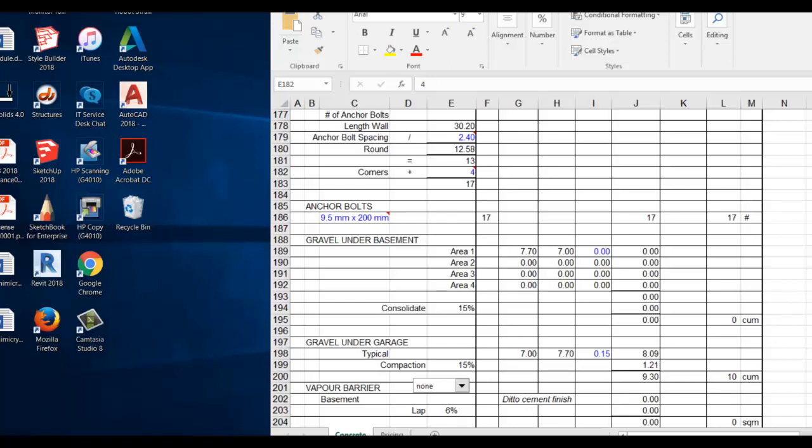So all you need to do is input the gravel under grade, so 7.7 multiplied by 7.7 and thickness is 0.15. You'll get the total cubic meter including the compaction factor, so you get 10 cubic meters for this, and that will end our formwork part calculation for this example.